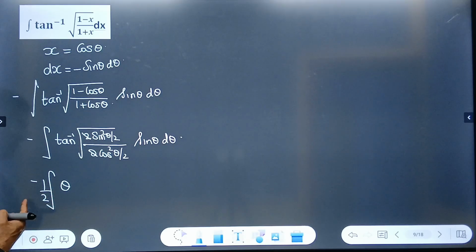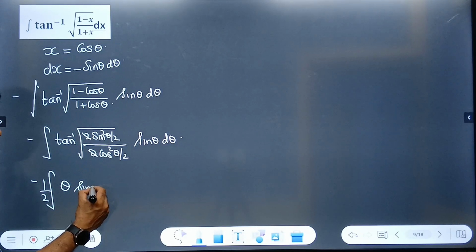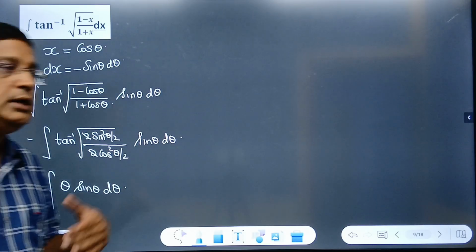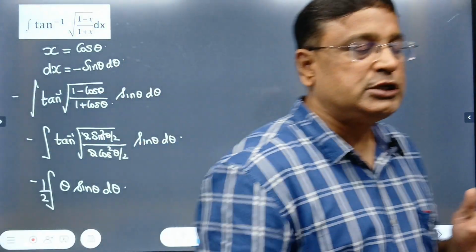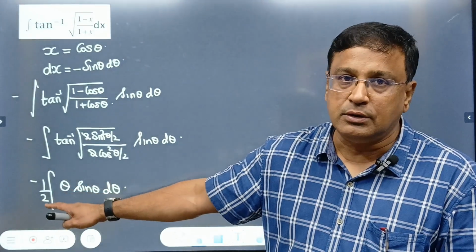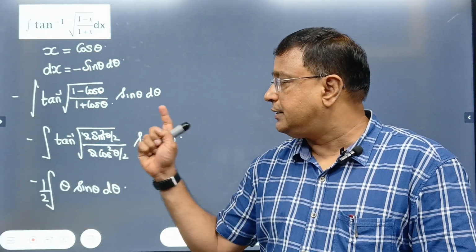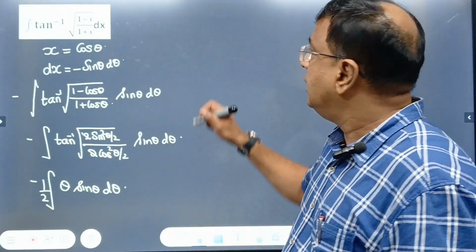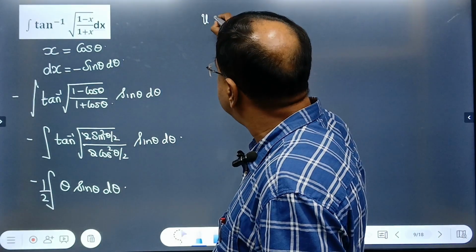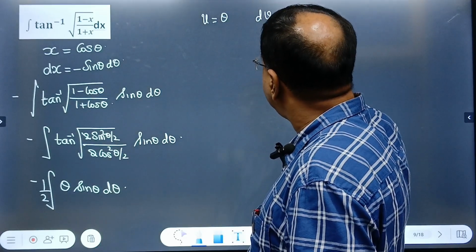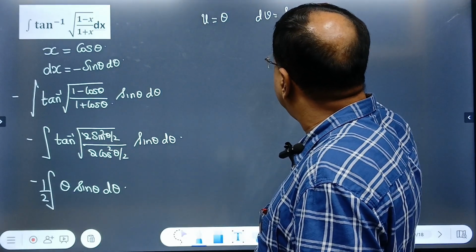I'll keep the 2 outside, sine theta d theta. Now how to integrate theta sine theta d theta? Sine theta is a trigonometric function, theta is an algebraic function. Okay, so A comes first, ILATE. So I should choose u as theta and dv is sine theta d theta.